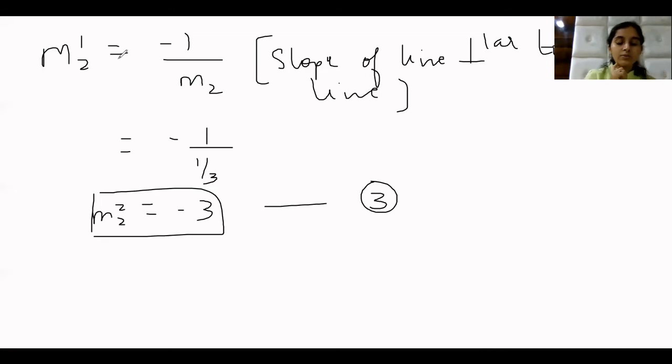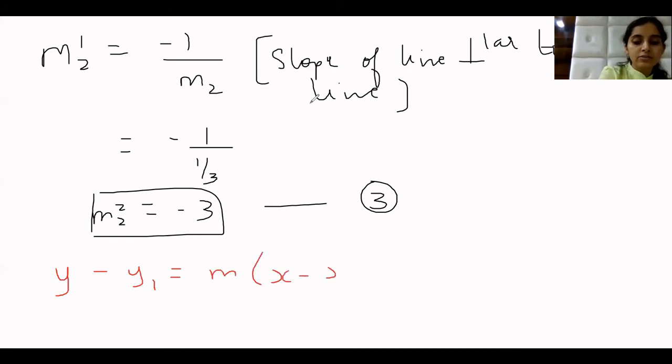Now, what will be the equation of these perpendicular lines? We'll write it in the form y minus y1 is equal to m into x minus x1. This is the general form of the equation of a line.